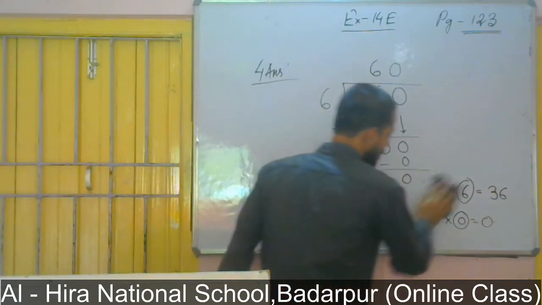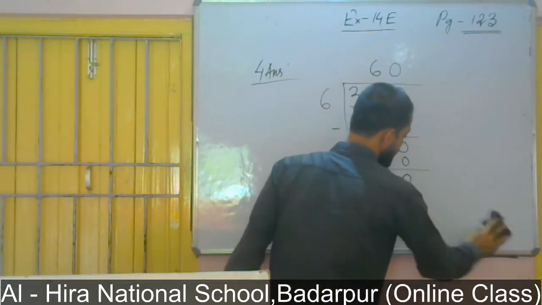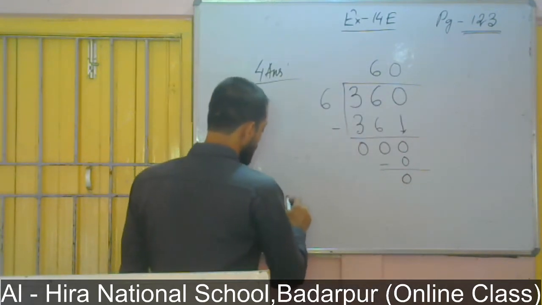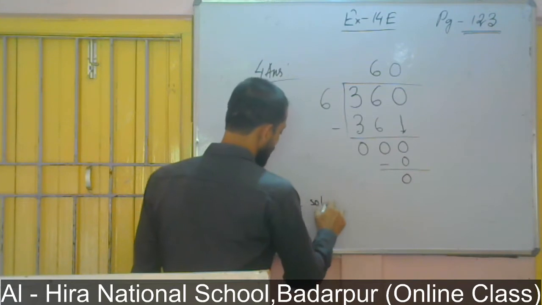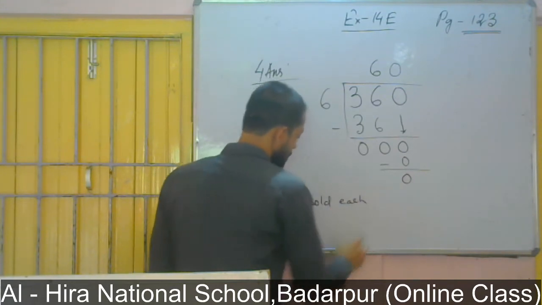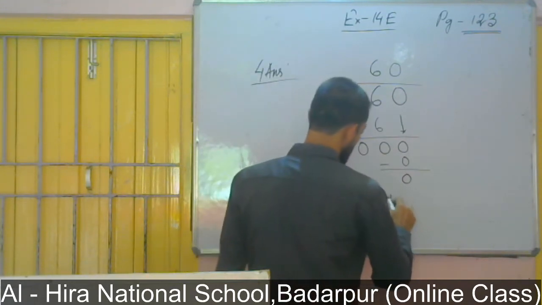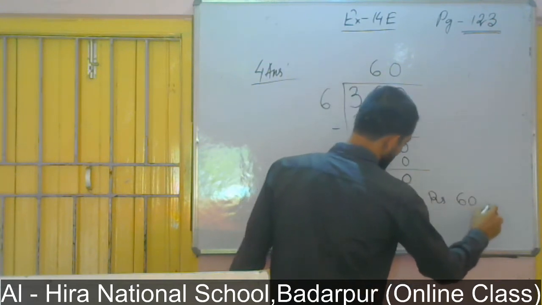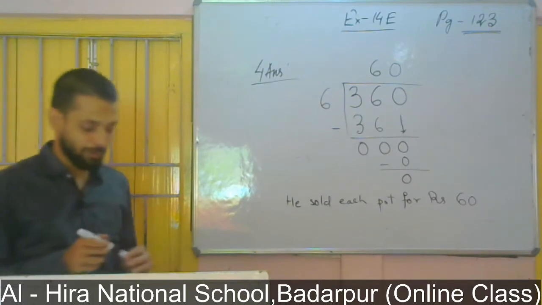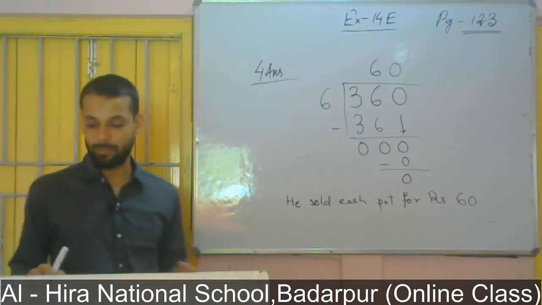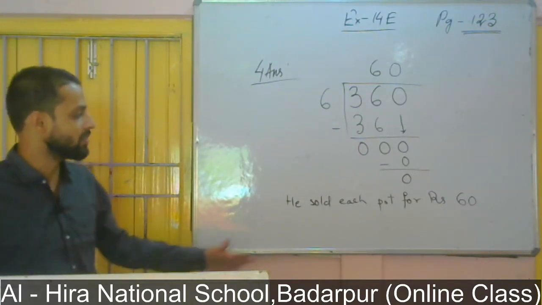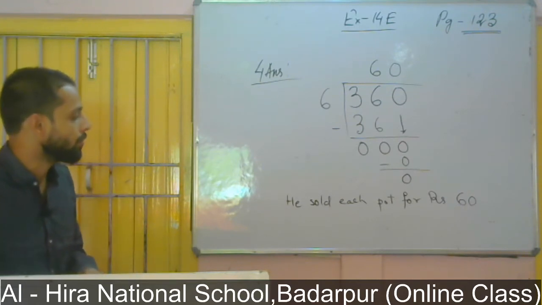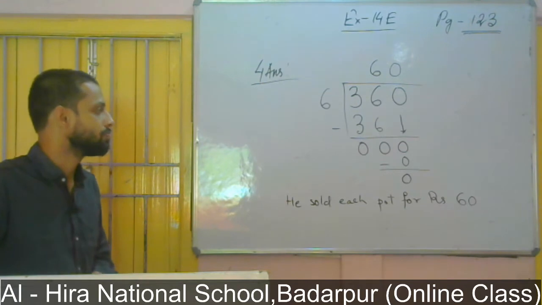We can write the price of each pot is rupees 60. That means the price of one pot equals rupees 60. Okay. So this is the answer for question number 4.